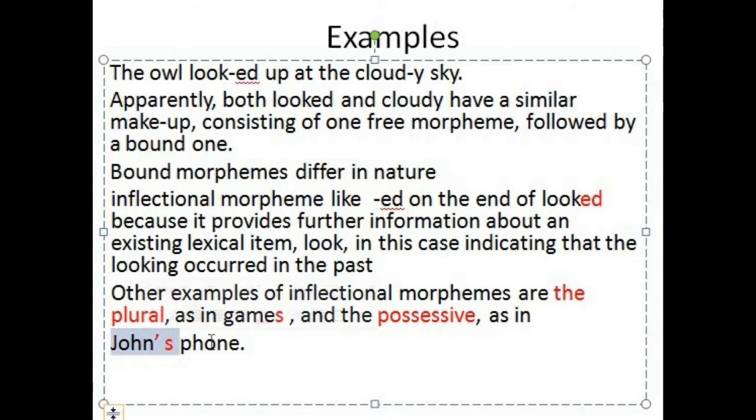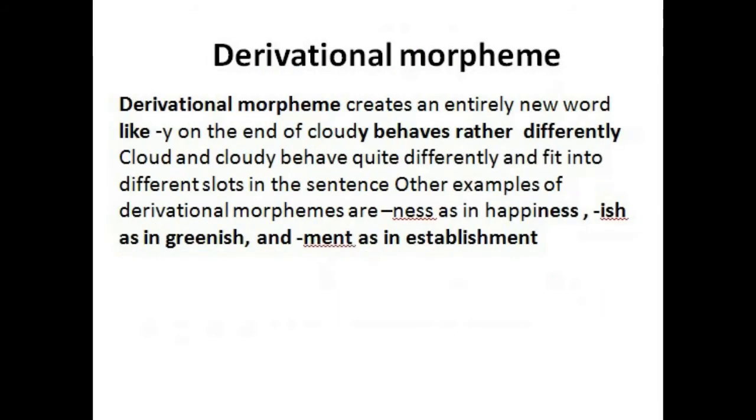John's phone. Let's see more in terms of derivational morphemes. What is it? It is another type of bound morpheme. A derivational morpheme creates an entirely new word, like -y on the end of the word cloudy, which behaves rather differently.